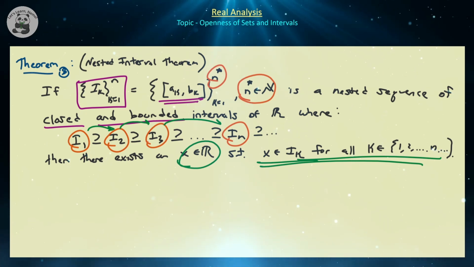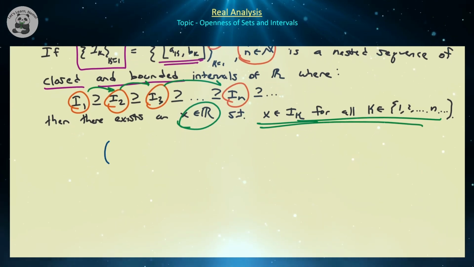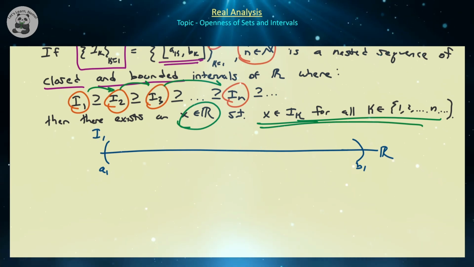Let's draw a picture to see what we have here. This is our set of real numbers, and I1 is going to have A1 and B1 in it. That's our I1. Then I2 is a subinterval of that, so there's A2 and B2.